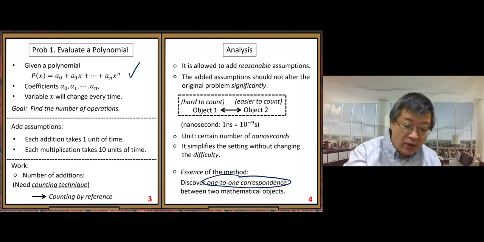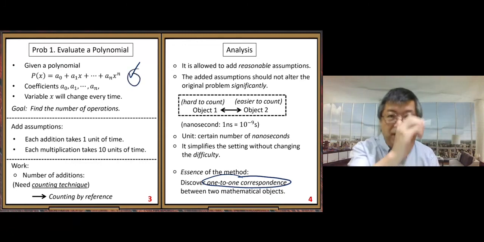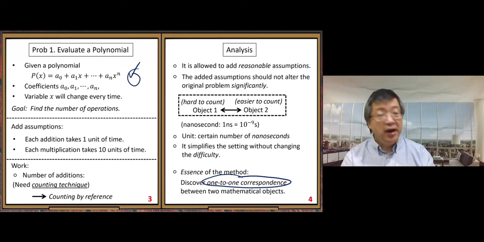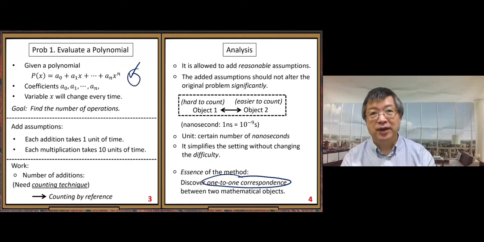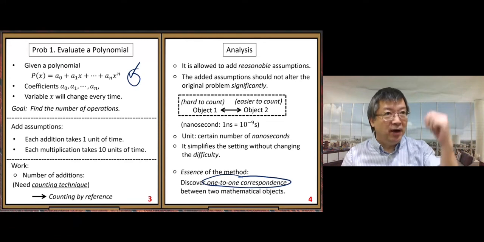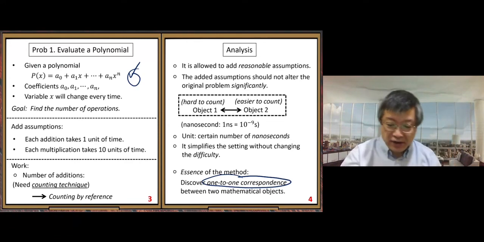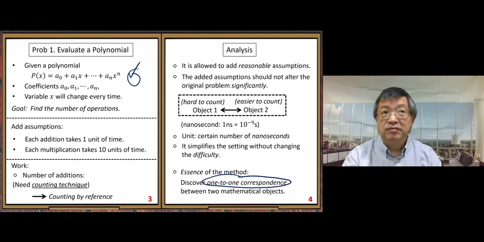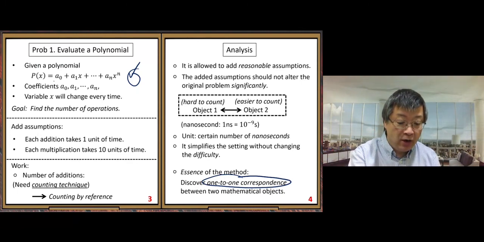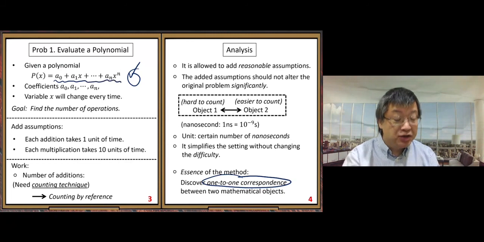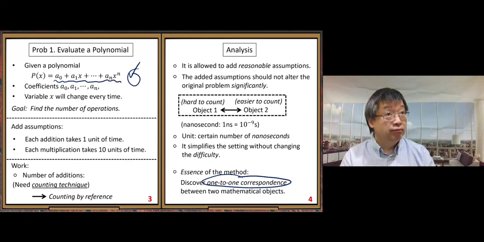Let me use our example here to explain that idea. Here, I'm asking you to count the number of additions. Additions correspond to object 1. If we look at the formula, can you see the number of additions quickly? Some of you can, but I believe a large number of you cannot.